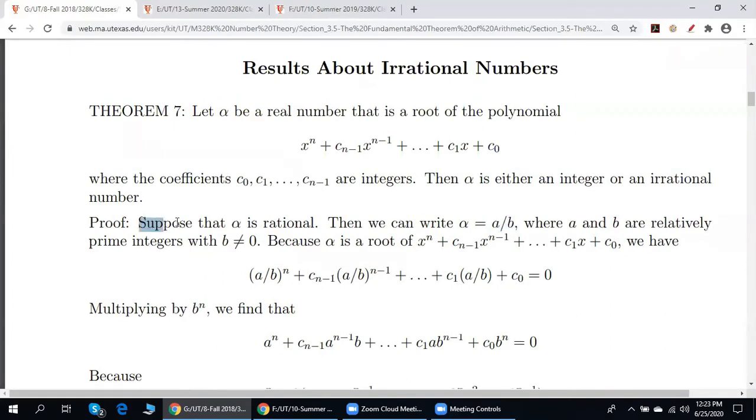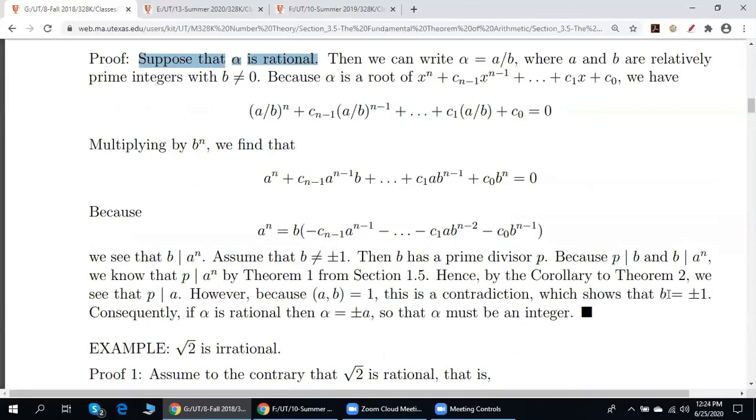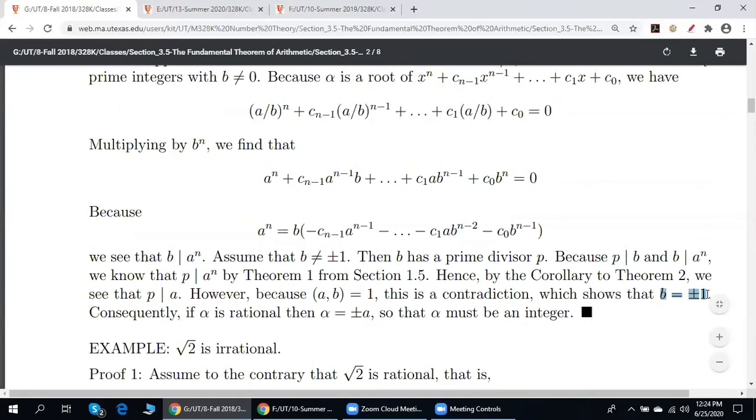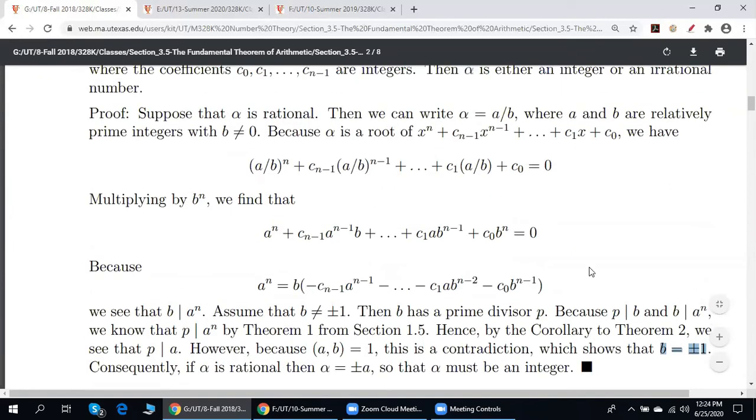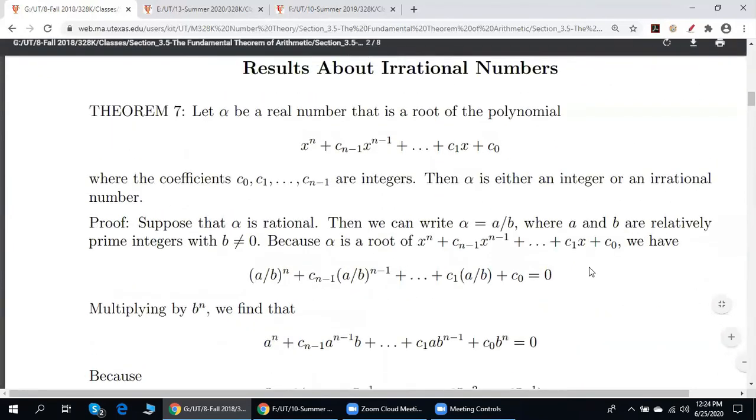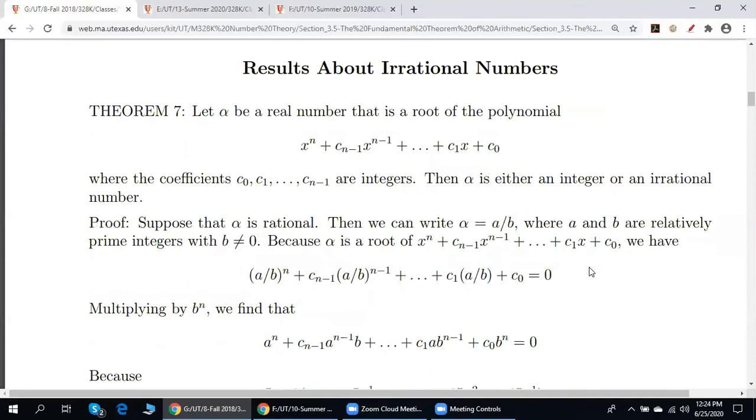So possibility number 1, alpha is an integer. Possibility number 2, alpha is irrational. So in total, we have only 2 possibilities. Either alpha is irrational or it's an integer number. We are done. Folks, do you understand the proof?